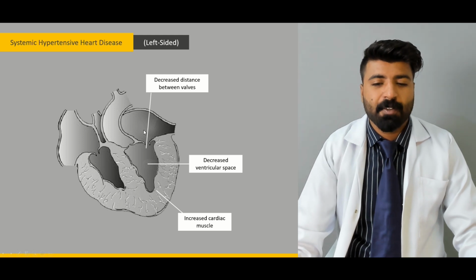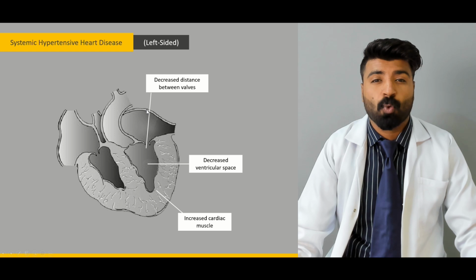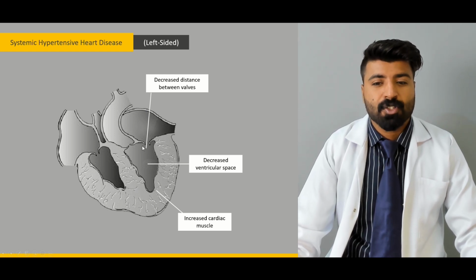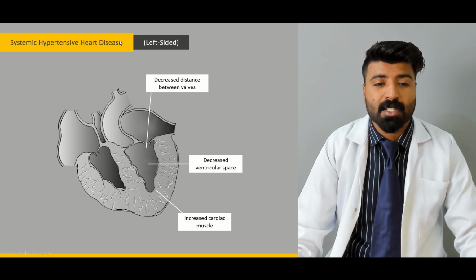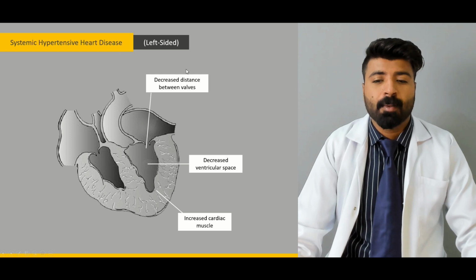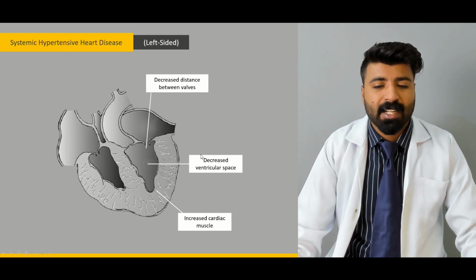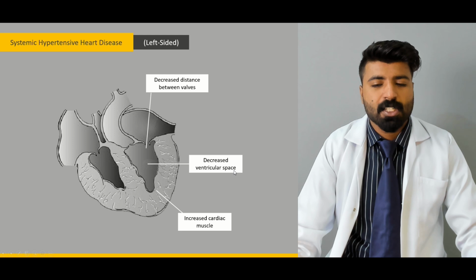So if the distance between these valves is reduced, it means more and more pressure is required for the atrium to push the blood into the ventricles. So this is how the blood pressure will increase. This is how the systemic hypertensive heart disease will propagate. So that's the first reason. Second, decreased ventricular space.